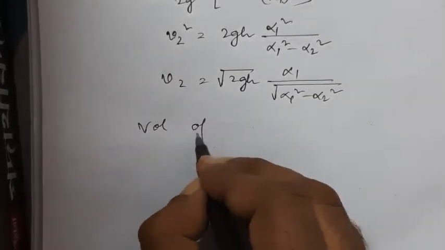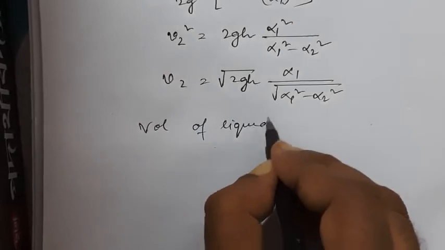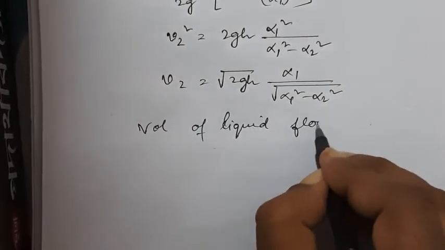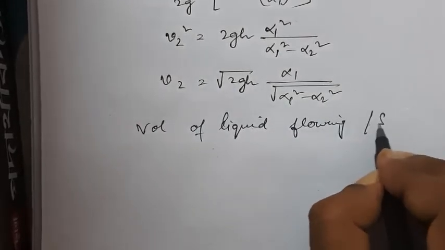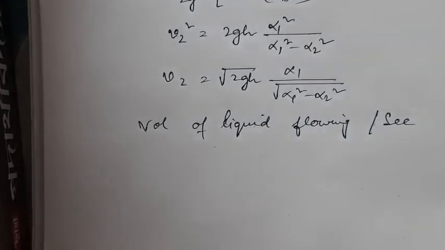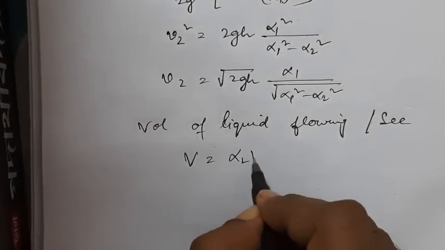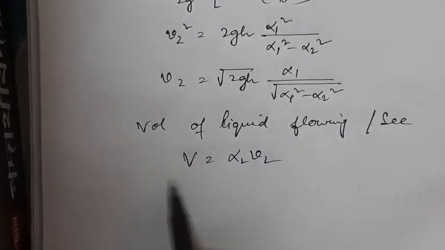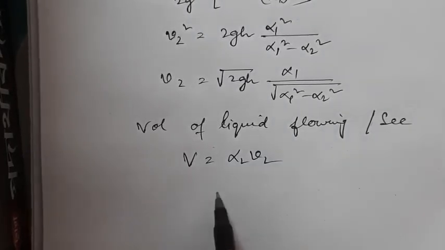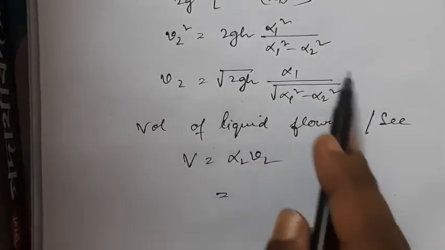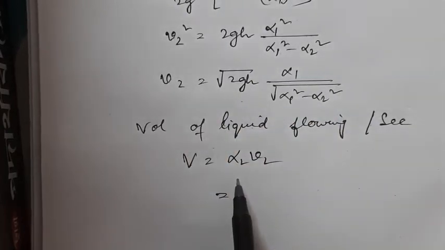The volume of liquid flowing per second, that is V, is alpha 2 V2. The volume flowing per second is alpha 2 into V2. We replace V2 in this equation. So what happens?